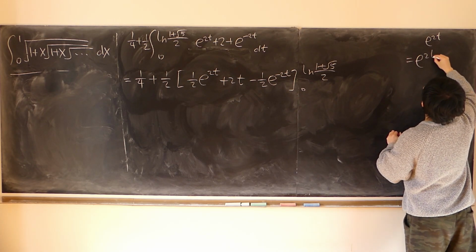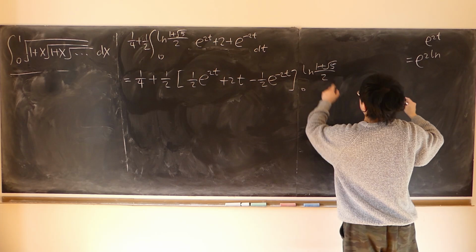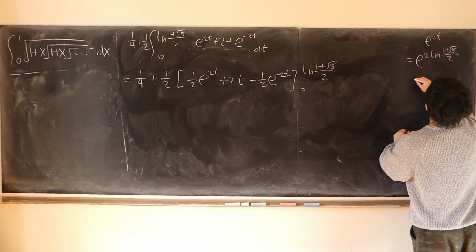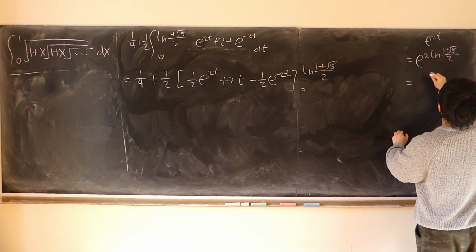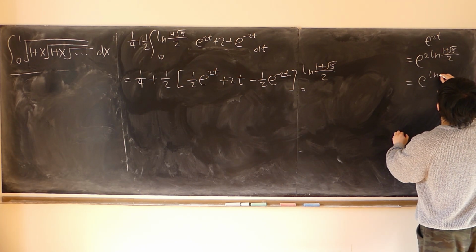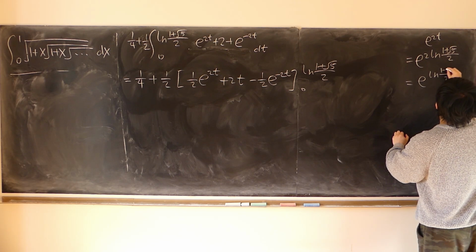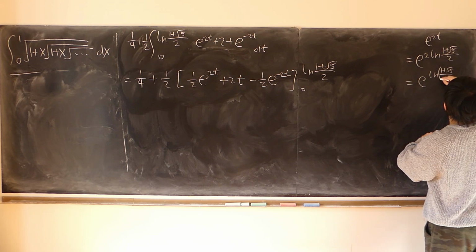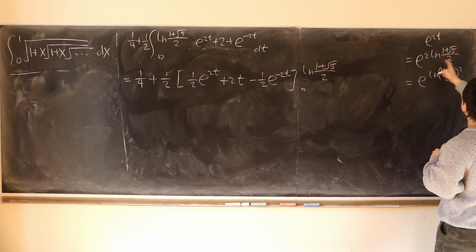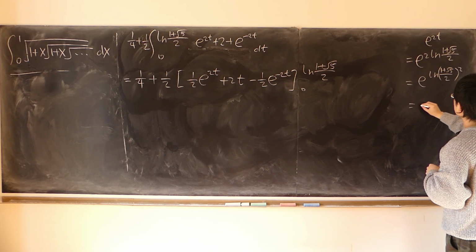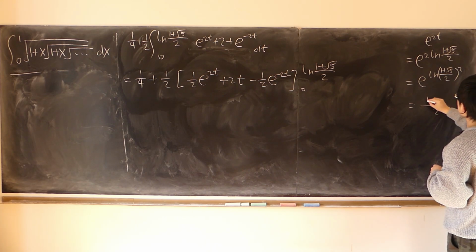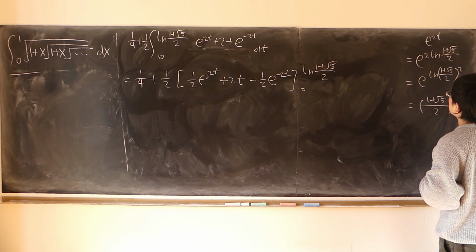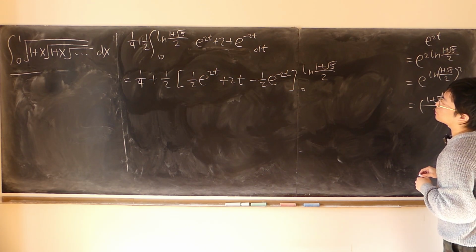E to the 2 times log, where t equals log of half of 1 plus square root of 5. To put the 2 on top, 2 becomes this power. So e to the 2t is half of 1 plus square root of 5, squared. And also, what is e to the negative 2t?